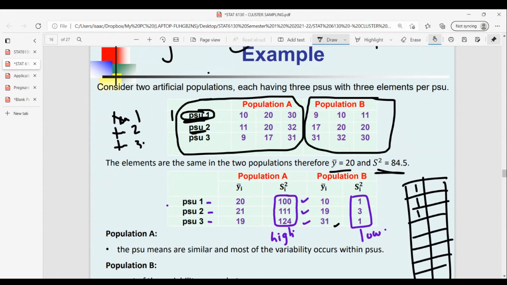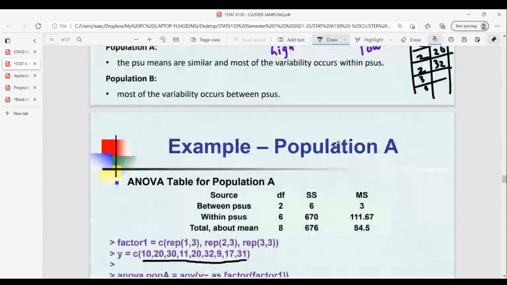You're going to see 3 ones, and then the Y values will be 10, 20, 30. Then you'll see 3 twos, and then these values here, 11, 11, 20, and 32. Then you see 3 threes, and you'll see 9, 17, and 31.